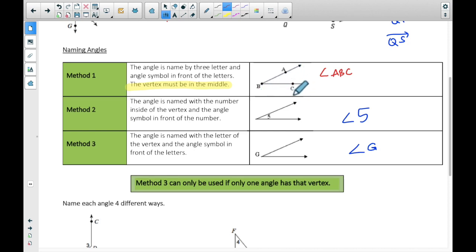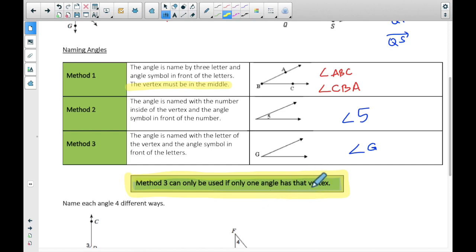But if I drew it, I could also go the other way. I could call it angle CBA. Either one of those is okay as long as the B is in the middle. Now keep in mind, one thing here is that method 3 can only be used if only one angle has that vertex. We will look at some examples of what that even means.